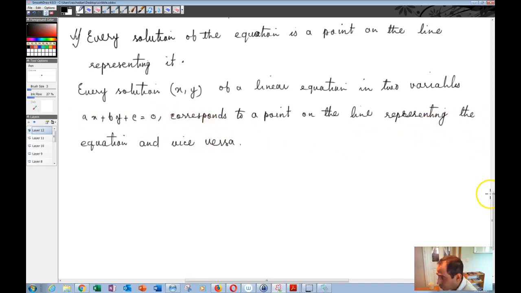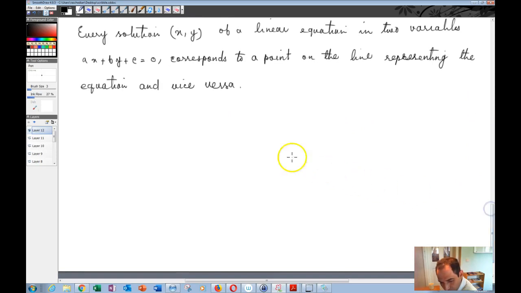Now when it comes to a pair of linear equations in two variables, it is a set of such linear equations, basically two of these equations.